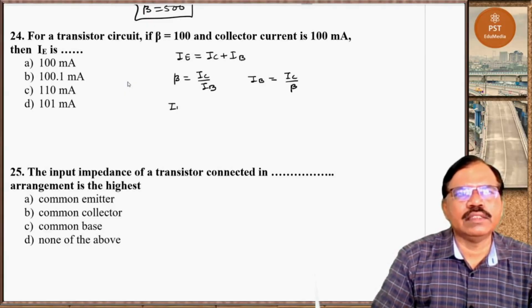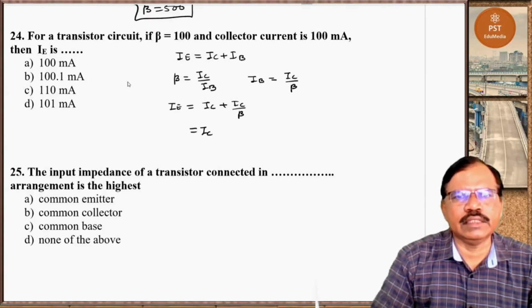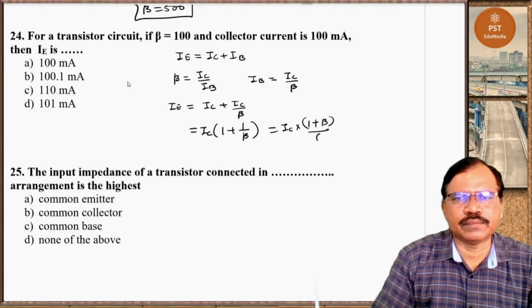So IE is equal to IC plus IC upon beta. So I can write IC into 1 plus 1 upon beta, so it is IC into 1 plus beta upon beta.